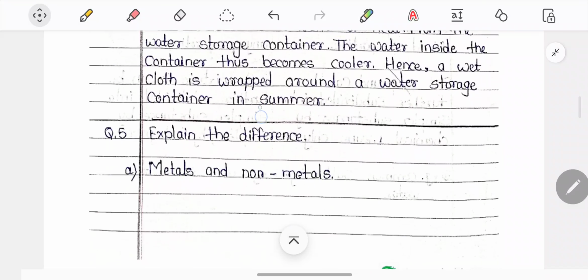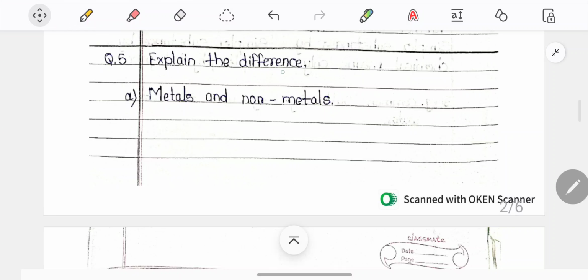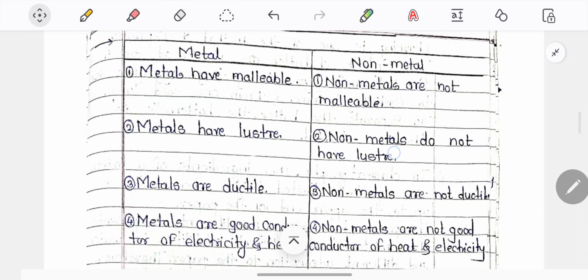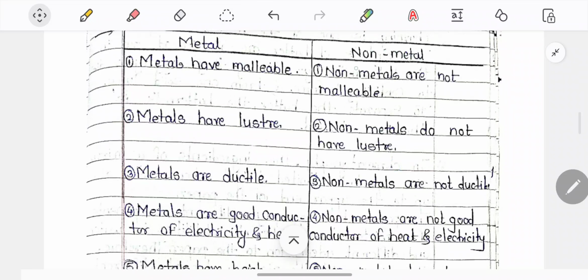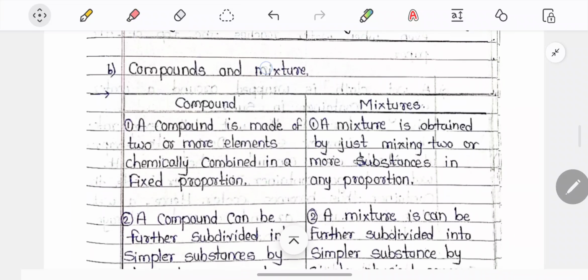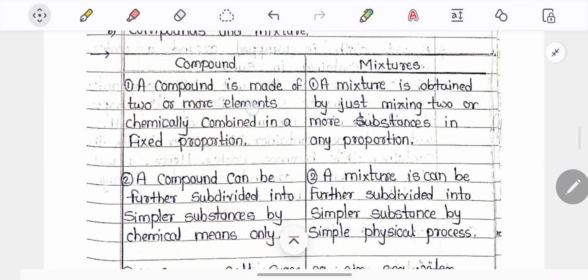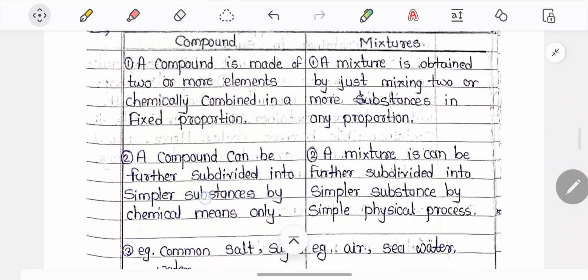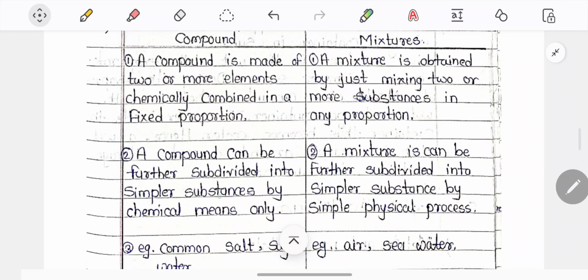Now let's move towards question number 5. Explain the difference between metal and non-metal. Here is the difference between metal and non-metal. Points 1, 2, 3 and 4 are necessary for the 2 marks. Next, the difference between compound and mixture. Here are 1, 2, 3 points, so you can read and write.